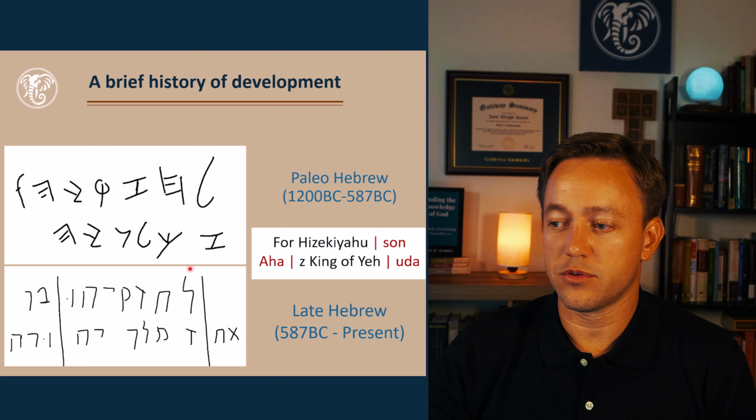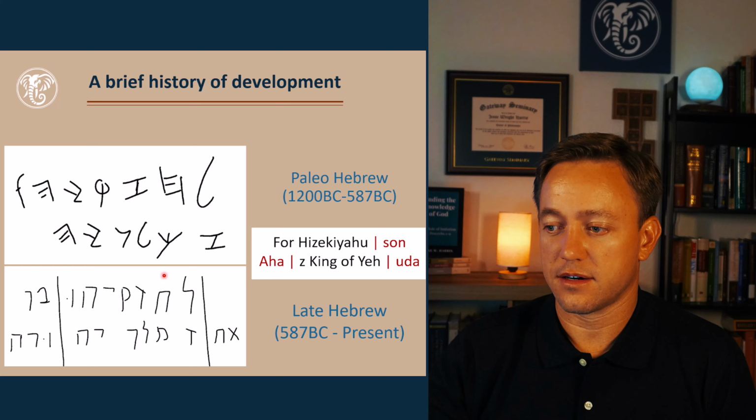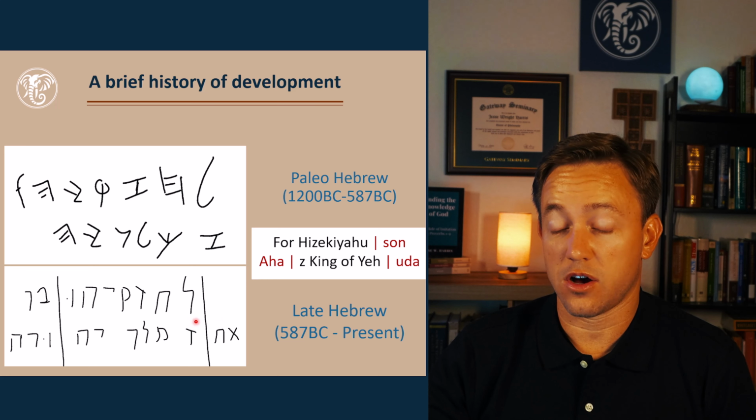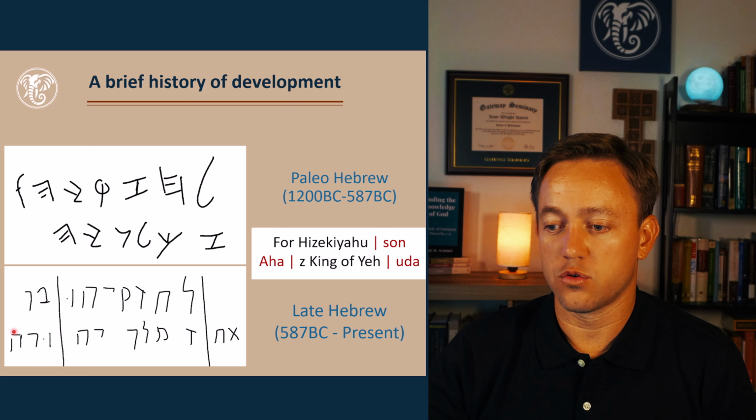But the rest of it would presumably indicate this was for Hezekiah. In the Hebrew, this phrase here means for or belonging to Hezekiah. Then it probably said son, Ben, and then probably of Ahaz, because Ahaz was also a king of Judah before him. And then the word Melech, for king, and then Yahu, or Yehuda.